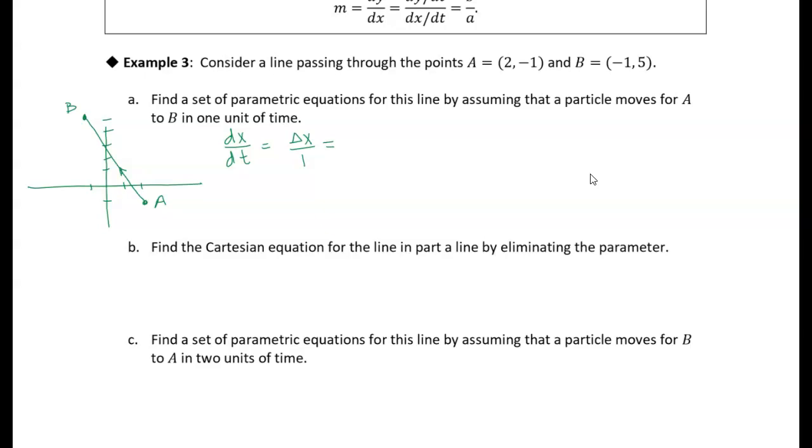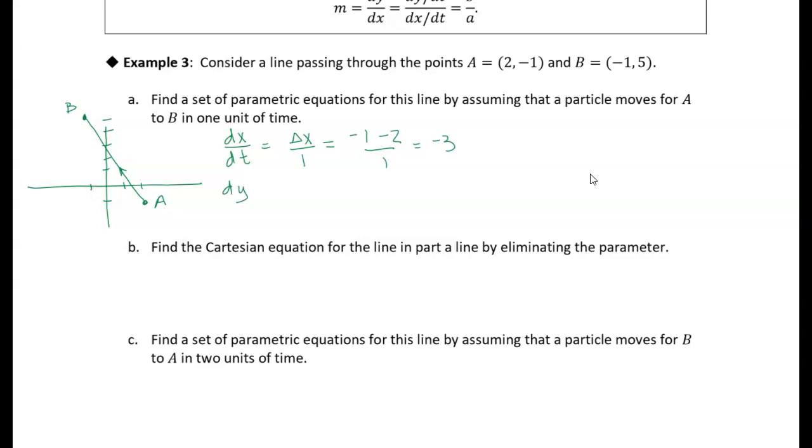And our change in x is going from 2 to negative 1. So in the x direction, we're going down by 3. We could get that by taking x2 minus x1, so negative 1 minus 2 over 1. So our dx dt is just going to be minus 3. That's our change in x over 1 unit of time.